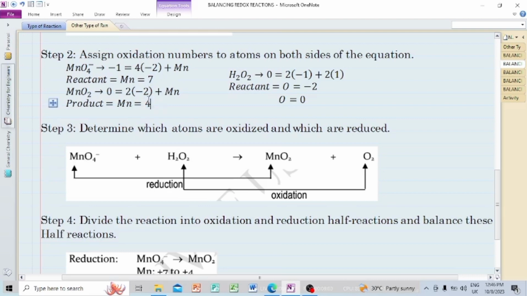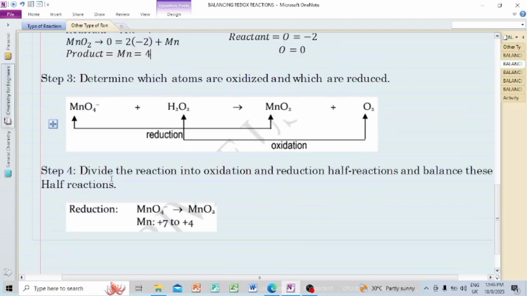For our hydrogen peroxide and oxygen, it goes from negative 1 to 0, so the oxidation number increased. So, this is oxidation. After determining which is the reduction and which is the oxidation, we will divide the reaction into oxidation and reduction half reactions and balance these half reactions.